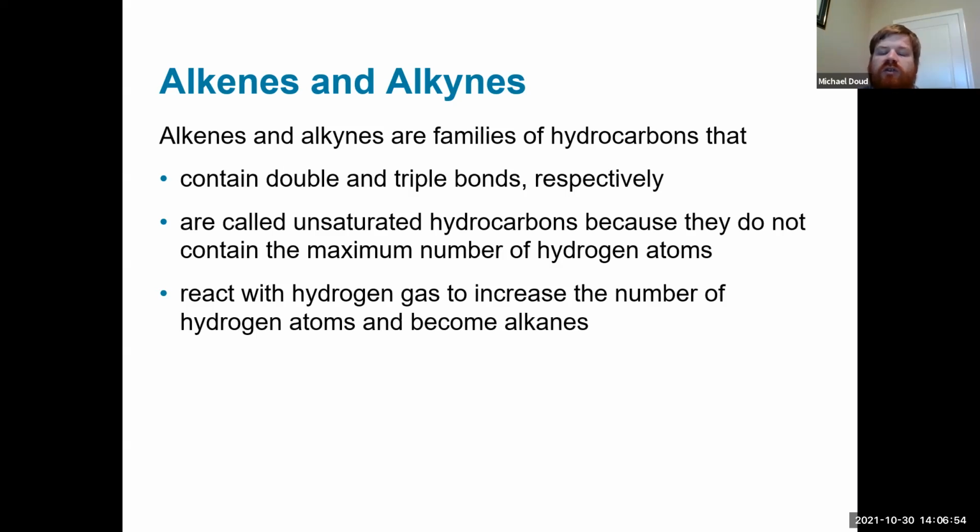So that means there's more hydrogen atoms we could fit on a molecule if we just broke those double and triple bonds. Now, we're going to talk about hydrogenation. When you combine these alkenes and alkynes with hydrogen in the presence of a particular catalyst, you can turn them into alkanes.